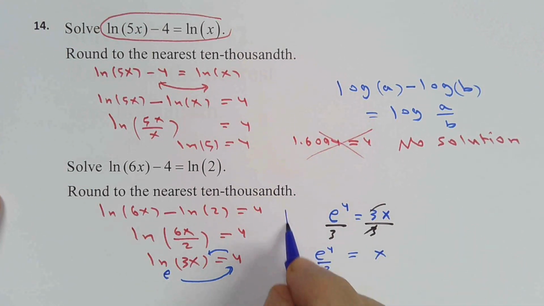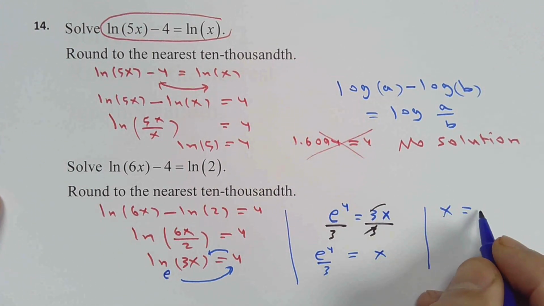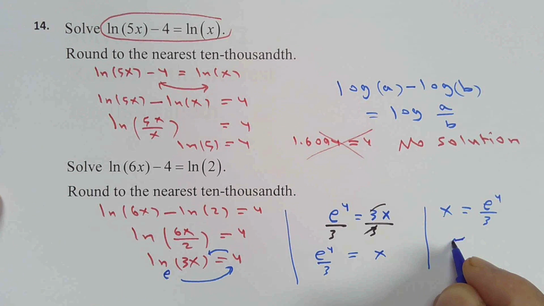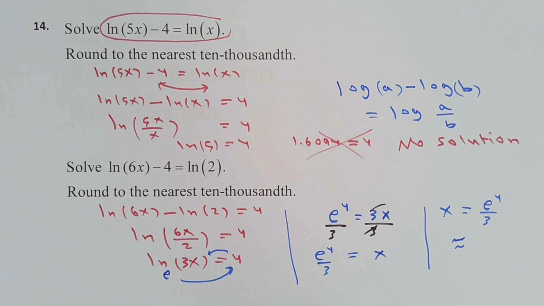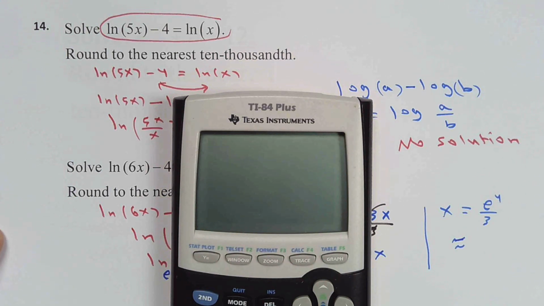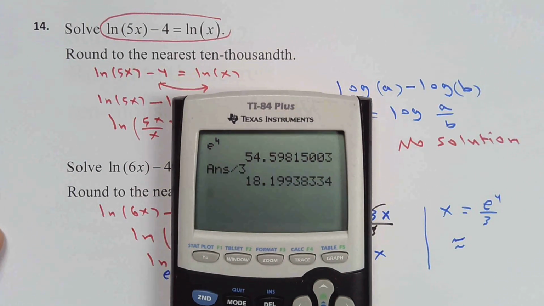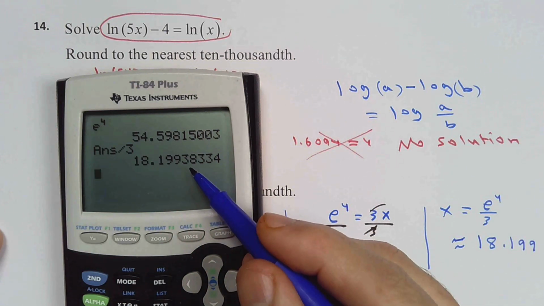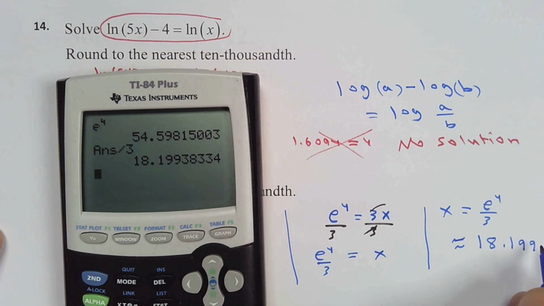Moving to the right side, I have x equals e to the 4 over 3, which is about, here's e to the 4, enter, divided by 3, approximate to 18.1994. Because 8 is too high, we need to round the 3 and make it 4. Or add 1 to the 3 and make it 4. That's called rounding to 10,000s.